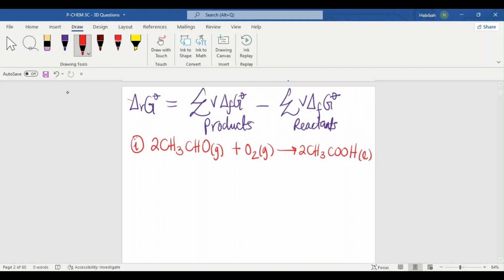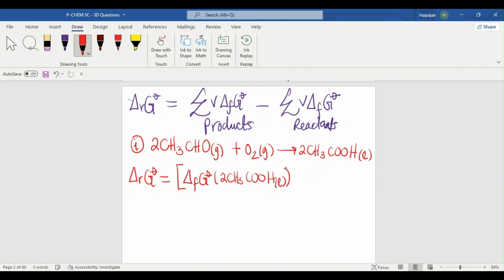So you have 2CH3CHO gas plus O2 gas, and then you have 2CH3COOH. Applying the formula for the Gibbs energy of reaction, we're going to focus on the product first. So you have the Gibbs energy of formation for the product, 2CH3COOH, liquid. Let's not forget, it's very important for you to know the phase that you're working with.